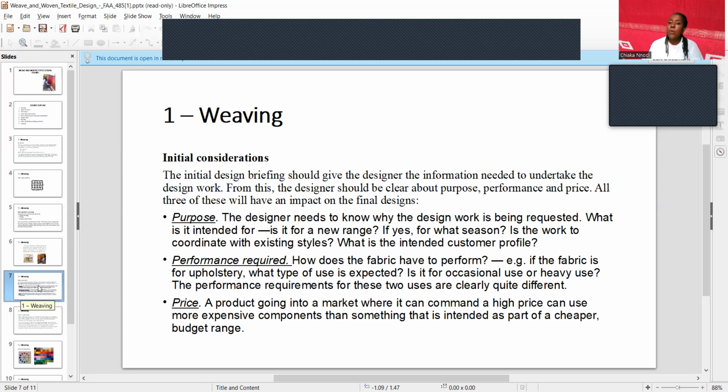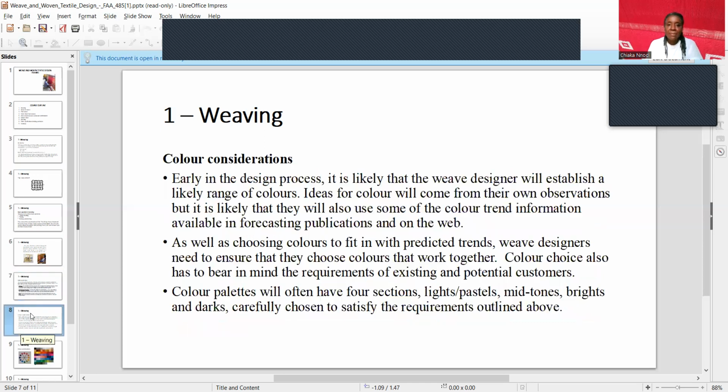The performance requirements for these 2 uses are clearly quite different. Now, price. A product going into a market where it can command a high price can use more expensive components than something that is intended as part of a cheaper budget range.